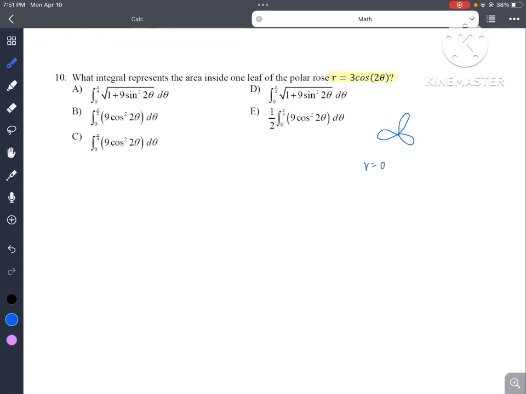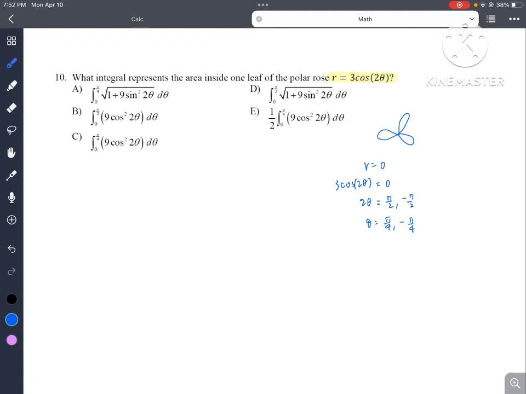So r is equal to 0 means that cosine is equal to 0. So 2 theta is equal to pi over 2, as well as negative pi over 2. So theta is equal to pi over 4.